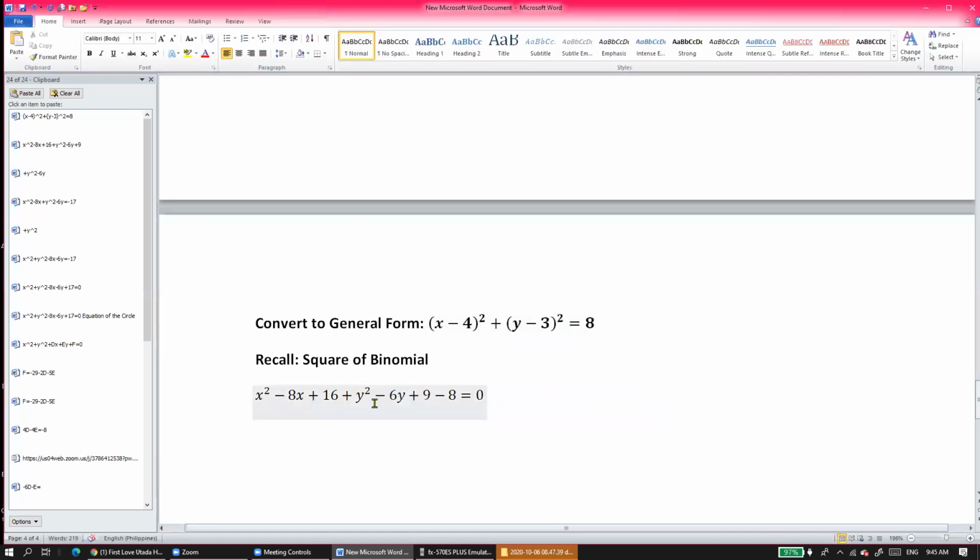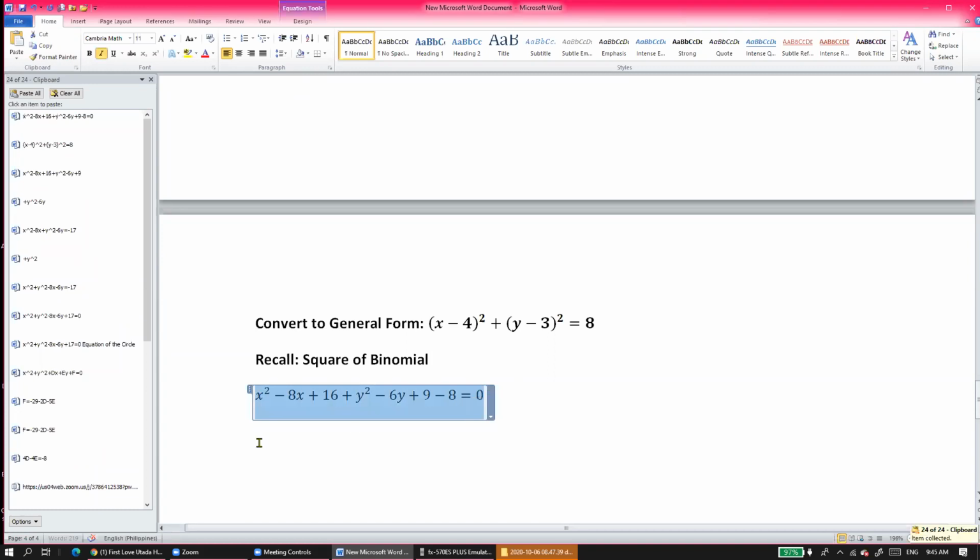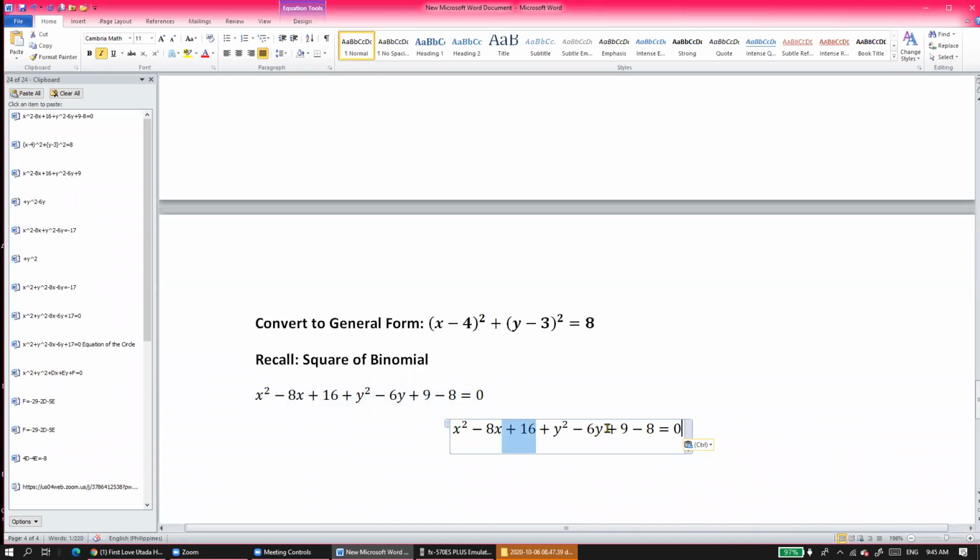Now what's next? Let us simplify our equation this way. I'll just copy-paste it. Okay. 16 plus 9 is 25. Minus 8, I think, is 17. So I remove the 16, and I also remove the positive 9 and the minus 8. 16 plus 9 is 25, minus 8 is 17.